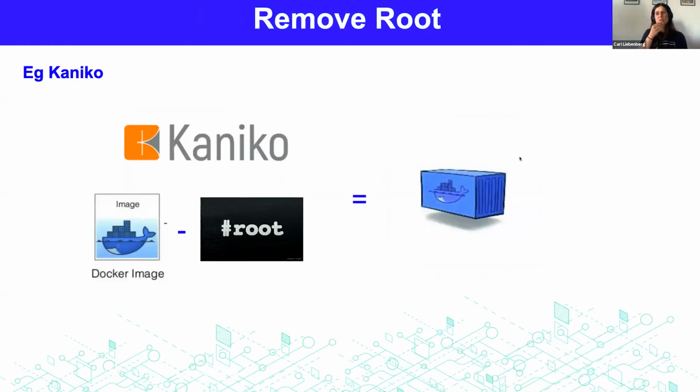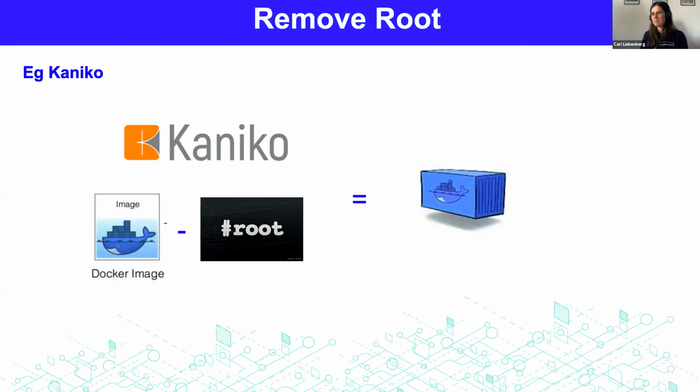And then removing root from images. Kaniko is one example. You don't have to use Kaniko. There are a lot of options out there. When you're doing your image builds, you can use Kaniko to remove root from the build, and then you can push a rootless image up to your image repository.